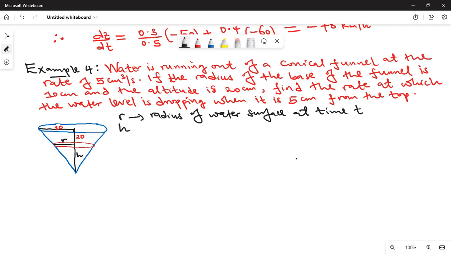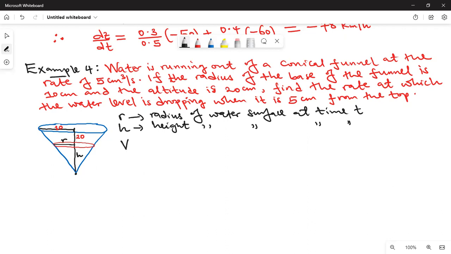What about h? h is the height of the water surface at time t. Of course, the height from the surface of the water to the vertex, the sharp point. That's what we're calling h.